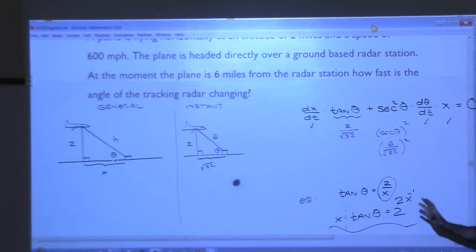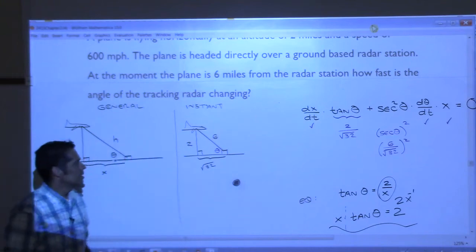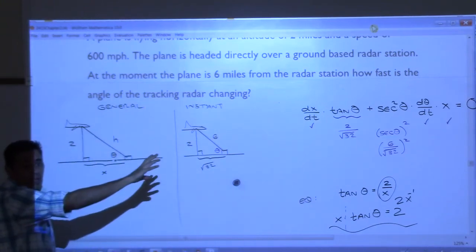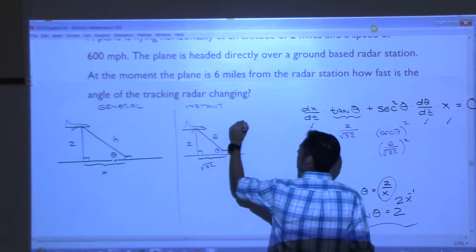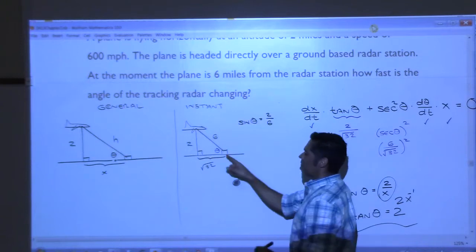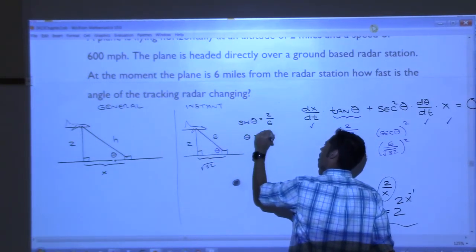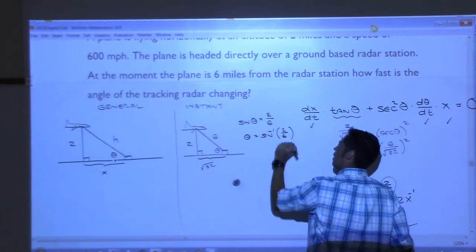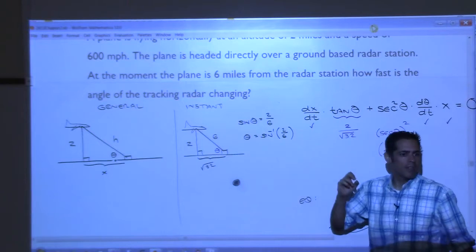Now, just for the sake of doing it, if I had to use a calculator, like if for some reason I needed to know what theta was, you could get theta from this picture by doing something like this. I could write sine theta is 2/6, right? And then I could do, on my calculator, arc sine on both sides and do the inverse sine function, and that would recover the angle.